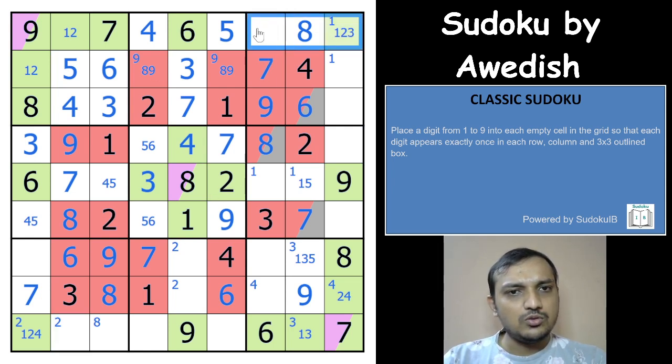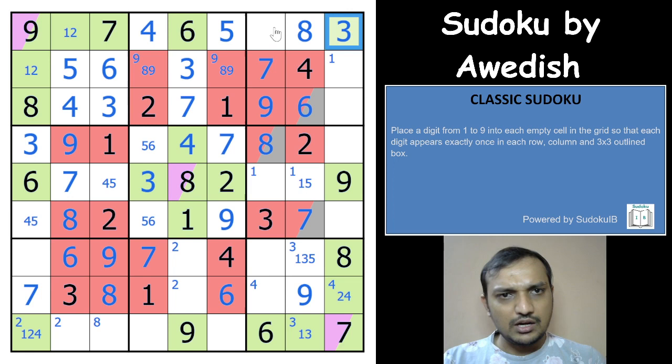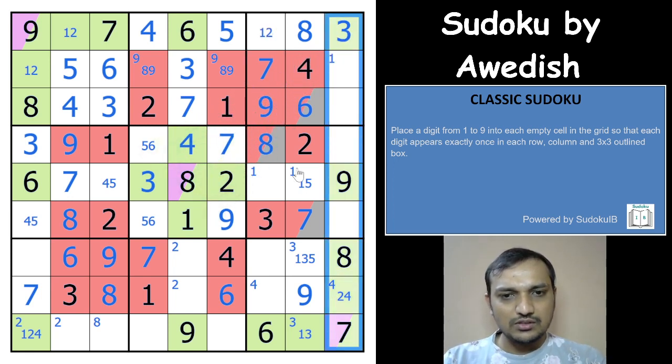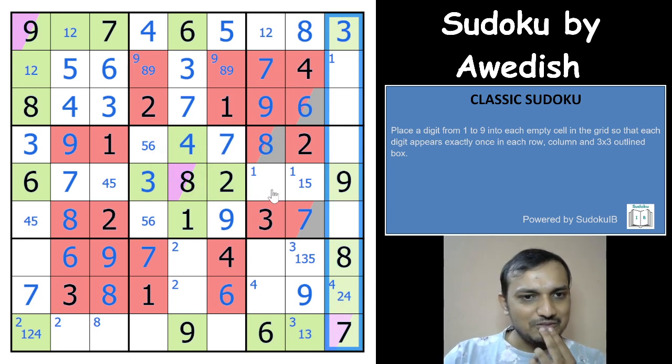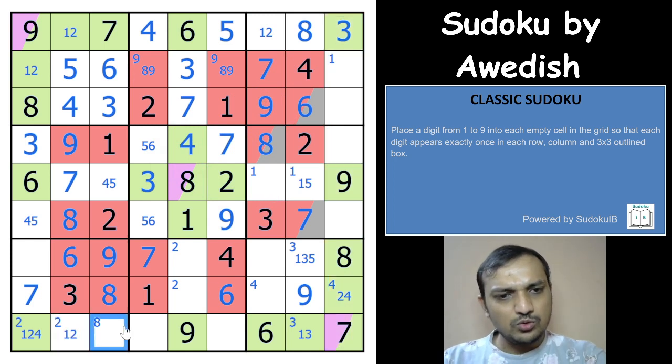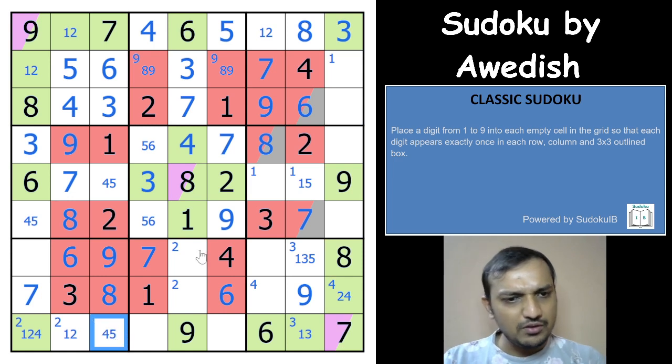So 1, 2. This cell. Okay, 3 can be. Okay, this cell would have to be a 3 in that row. So this is a 1, 2 pair here. Oh, so I think that is correct. Let us see here if we are making any mistake, we will get to know that. This is 1, 2, and that is 4 and 5.